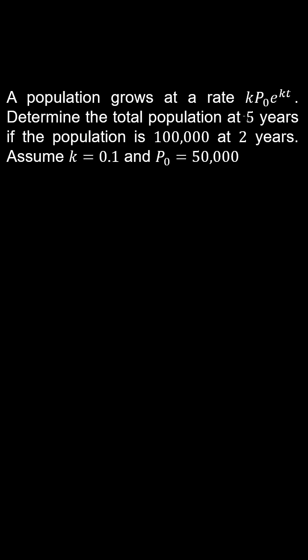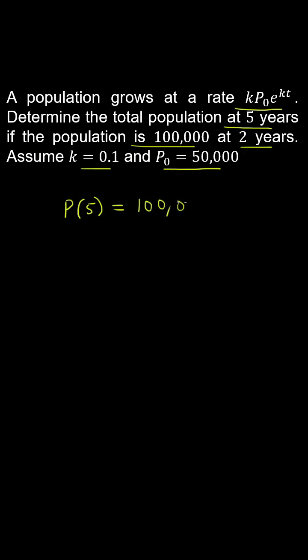A population grows at the given rate, and determine the total population after 5 years if the population is 100,000 at 2 years. And we can assume the following quantities for the rate constant and the initial population. So we're asked for the total population at 5 years, and we're given the population at 2 years.